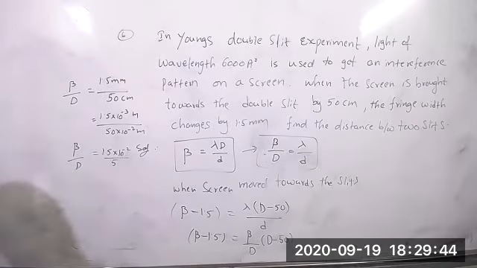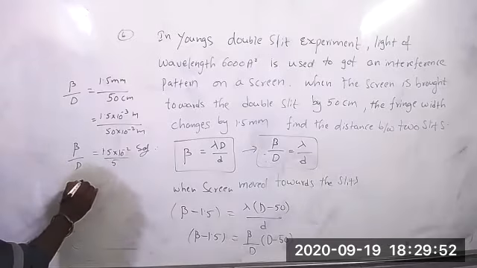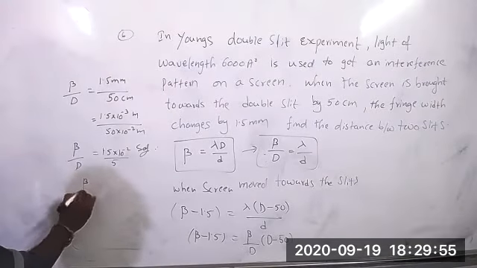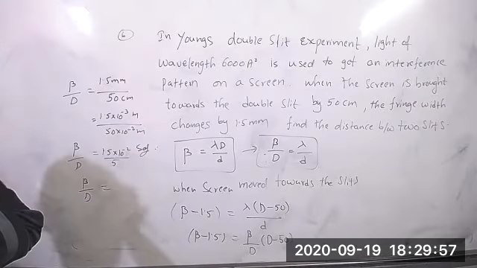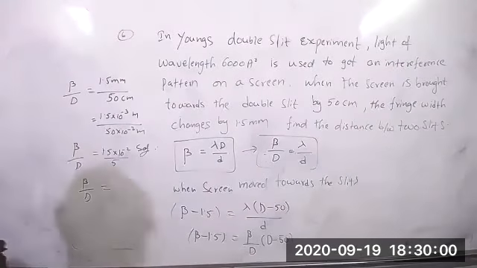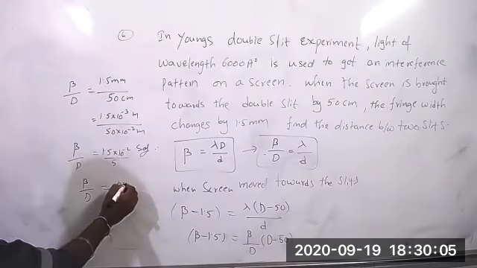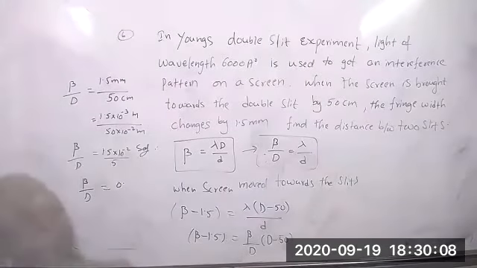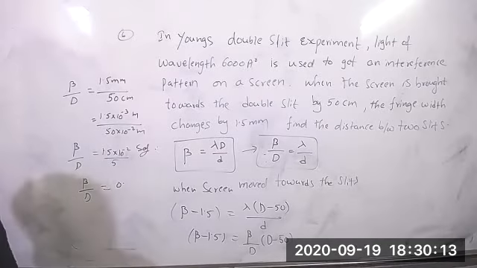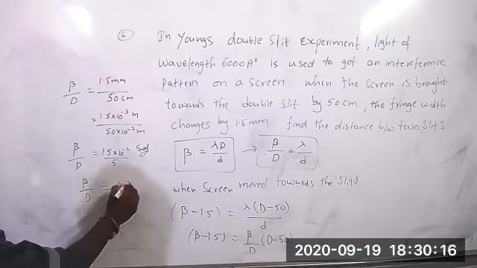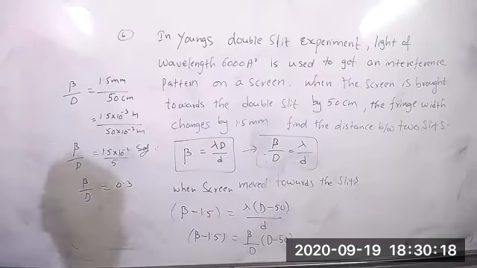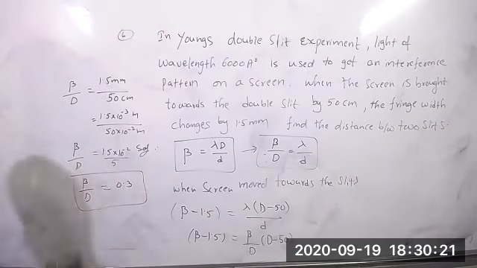Students, how much are you getting then? Beta by d equal to 0.3.